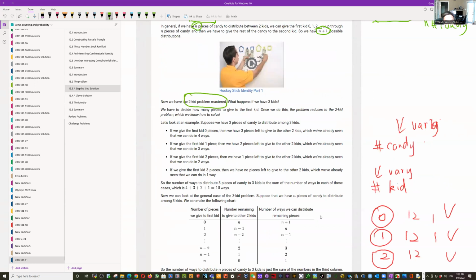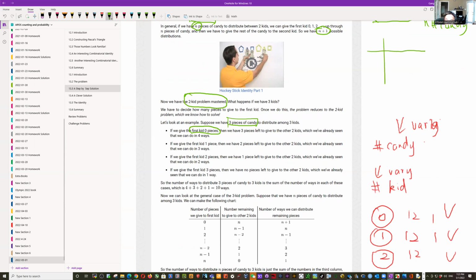So we're going to take on the 3 kid problem. For the 3 kid problem, if we give the first kid 0 pieces, right now we are looking at 3 pieces of candy, not 12. It's just 3 pieces of candy divided among 3 kids.